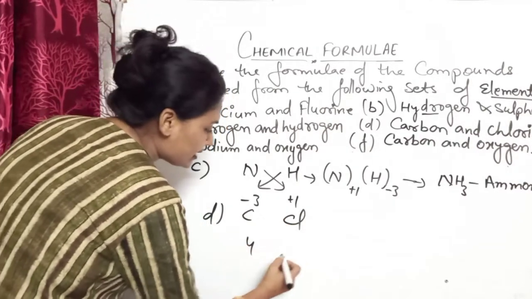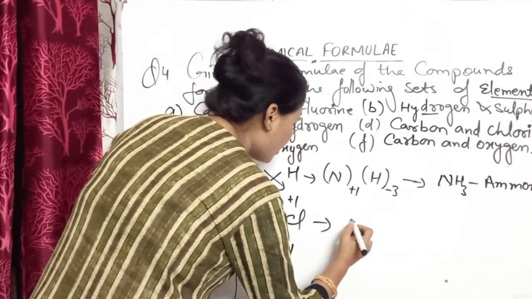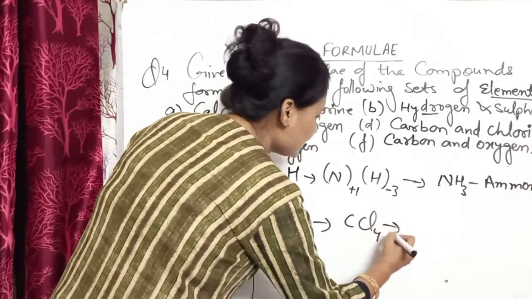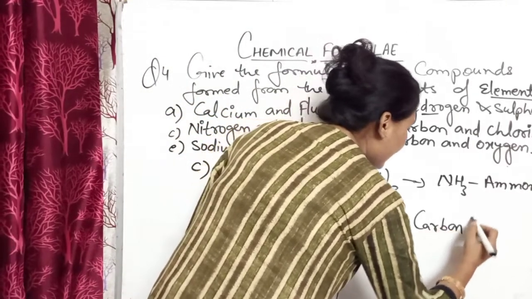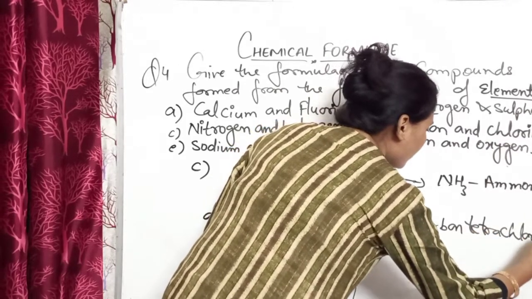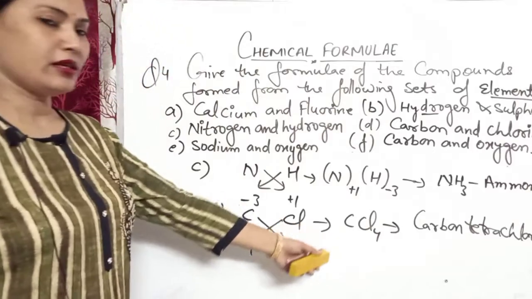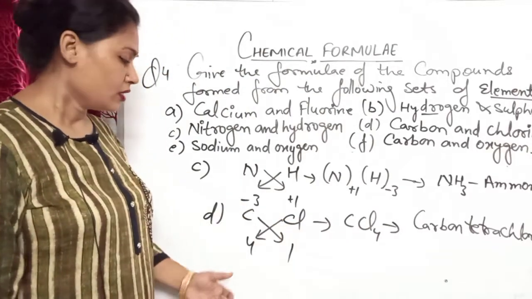Carbon has 4 valency, chlorine has 1 valency. Cross over the valency, we will get the formula CCl4, that is carbon tetrachloride. 4 chlorides are here. Tetra means 4. So the name of the compound is carbon tetrachloride.